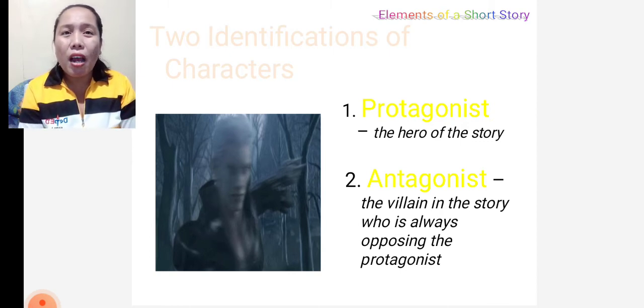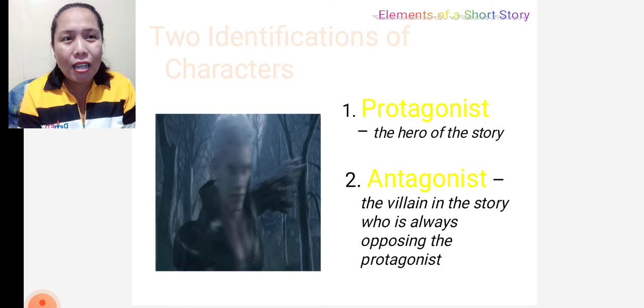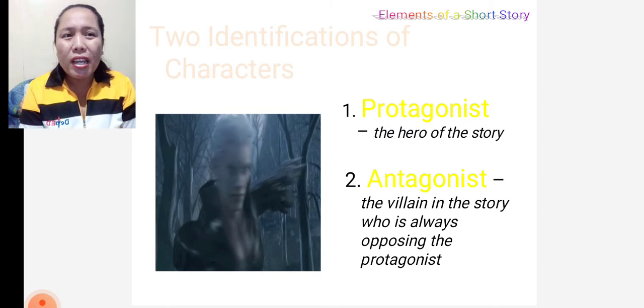Then, the other character is antagonist. The villain in the story who is always opposing the protagonist. It means, kung naay bida, ang antagonist maoy kontra bida. So, mao ni ang tao nga kasagaran sa mananaw atong kalagutan. Maglago ta ani kay mao man ni kontra sa bida.